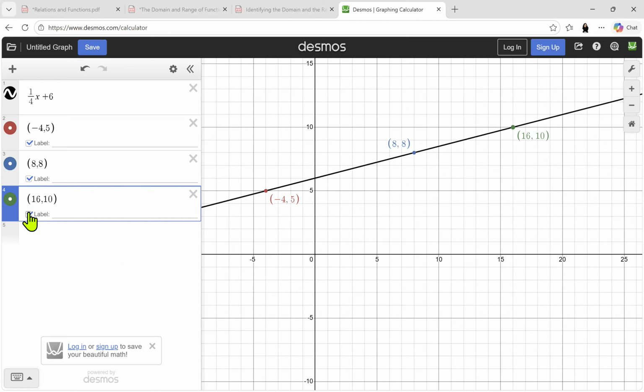Tell me what is the x value. What is x when f of x is equal to 9?